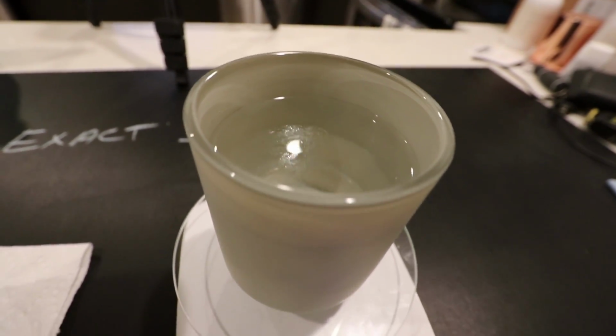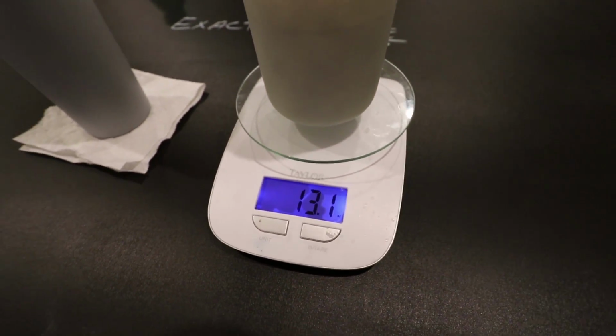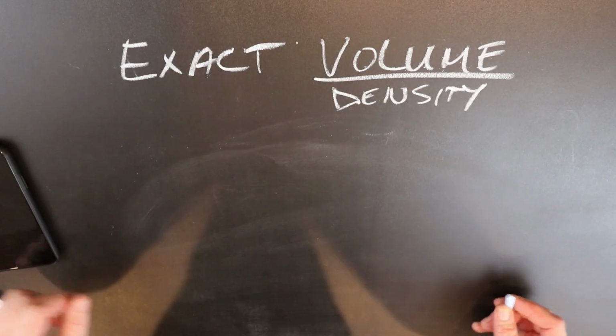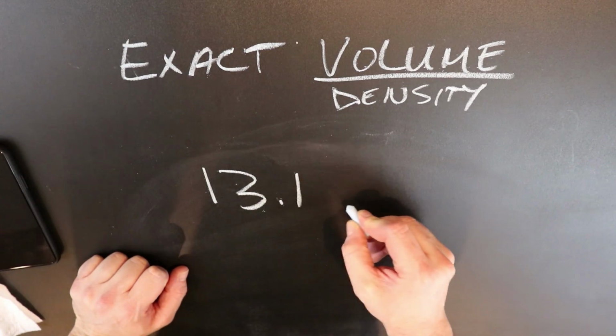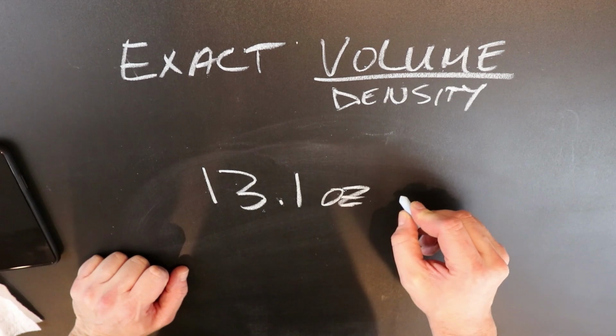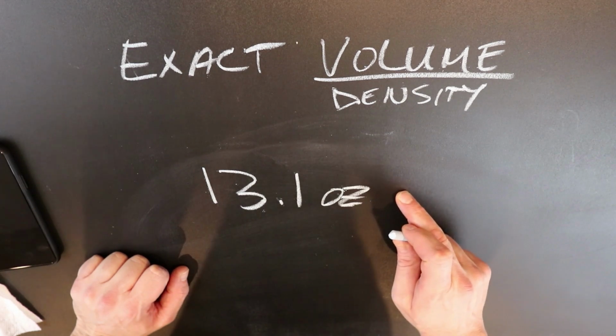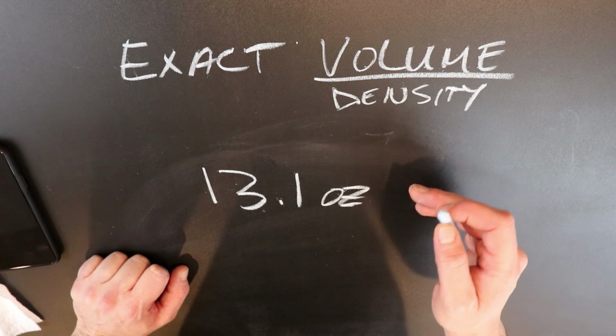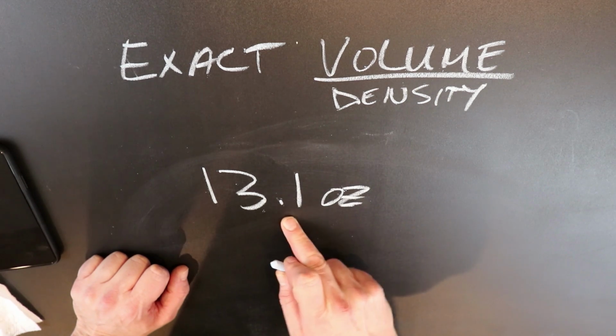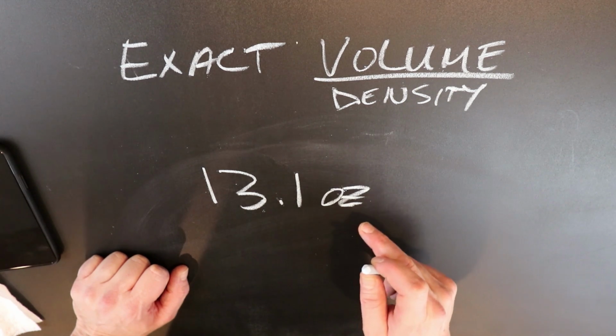Could go a little bit higher than that, but we're gonna call it 13. Okay, so in that vessel, it was 13.1 ounces of water. Since we know wax has a larger density, more volume inside the candle, we know that we can't put 13.1 ounces of wax into that vessel.